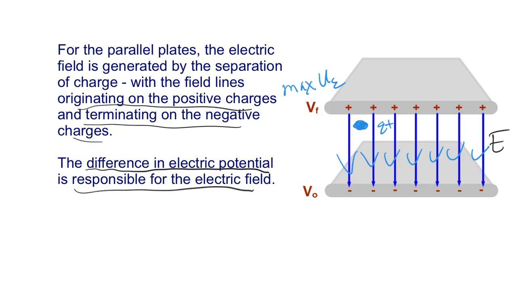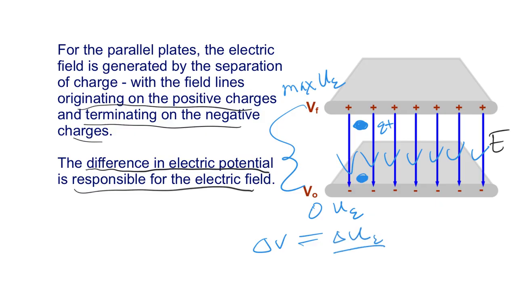But when it's very close to the negative plate, we have 0 electrical potential energy. So the change in V between the two plates, the voltage difference between the two plates, is the change in U for that given charge.